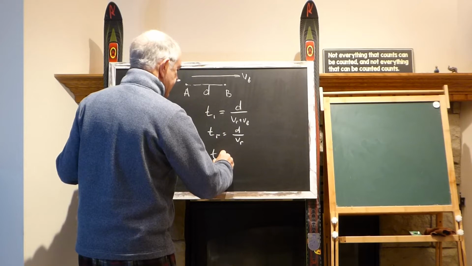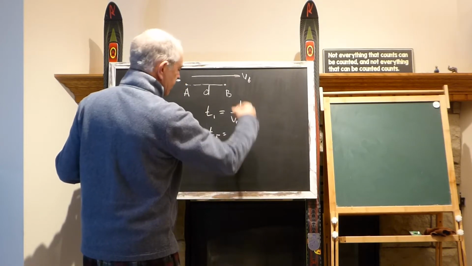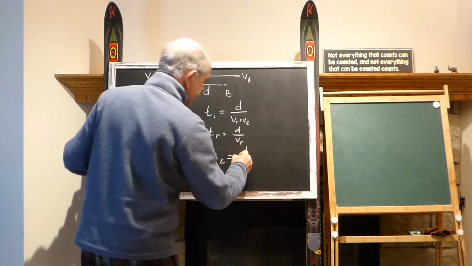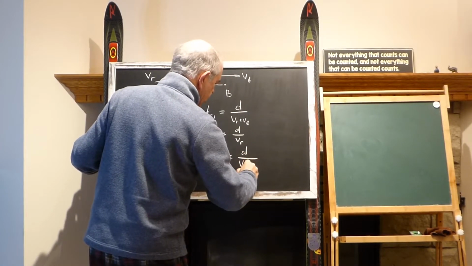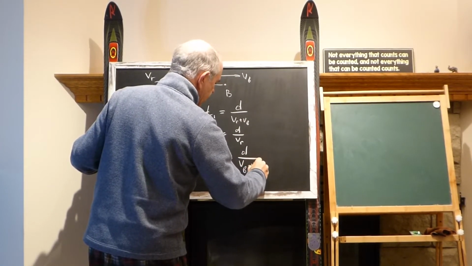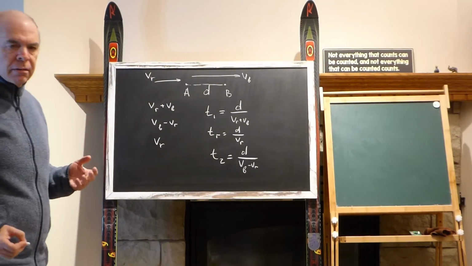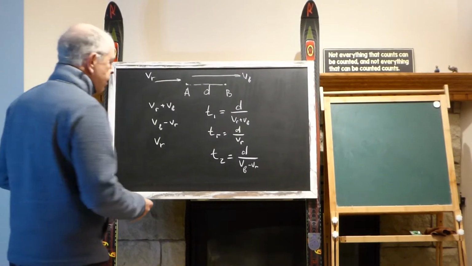And they asked us about time T2, when the boat covers the same distance, but with V boat minus V_R. That's all. Physics is ended, and it's all only math.